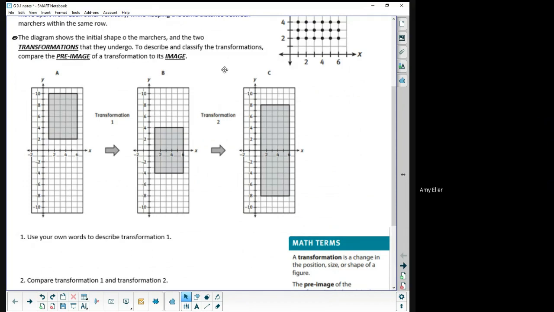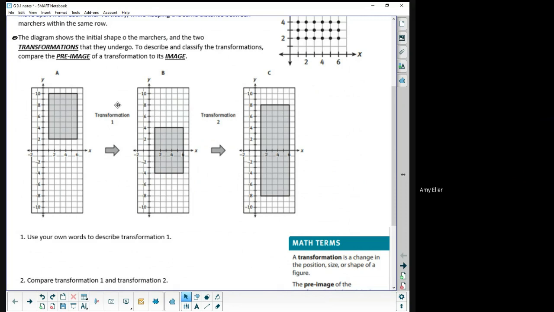To describe and classify a transformation, compare the pre-image of a transformation to its image. So pre-image before, image is after. Like when you look in the mirror, you see your image. You are the pre-image, and then you see the image, the after effect.